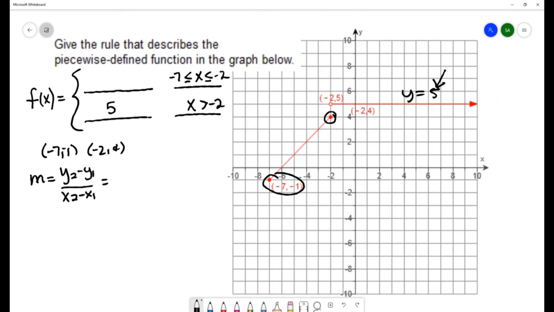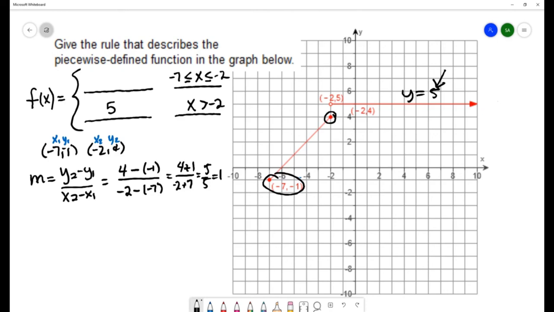So I'll let this point be x1, y1, and this one be x2, y2. So we have 4 minus -1 over -2 minus -7, and that gives 4 plus 1 over -2 plus 7. So we have 5 over 5. So this line has a slope of 1.